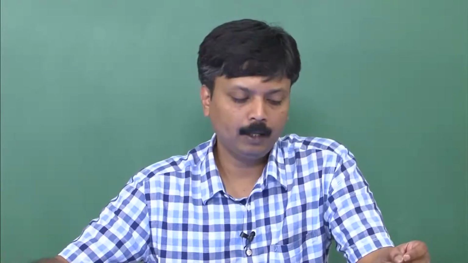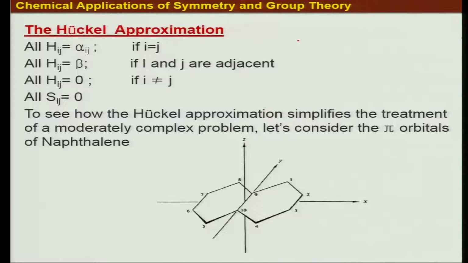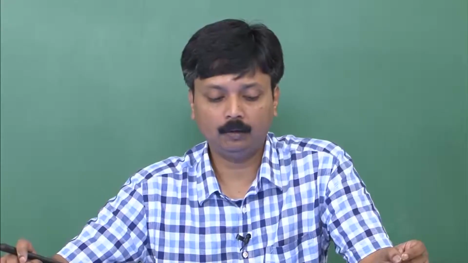So, what is this Huckel approximation? The Huckel approximation says that all the Hij's are equal to alpha ij, provided that i is not equal to j. What does that mean?